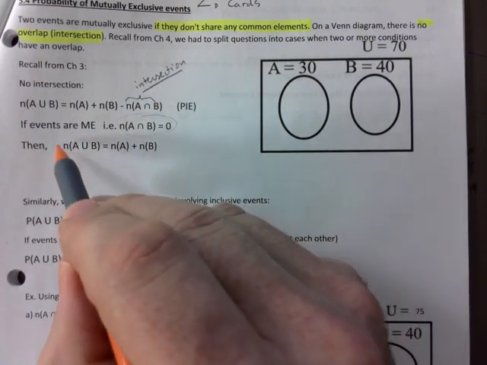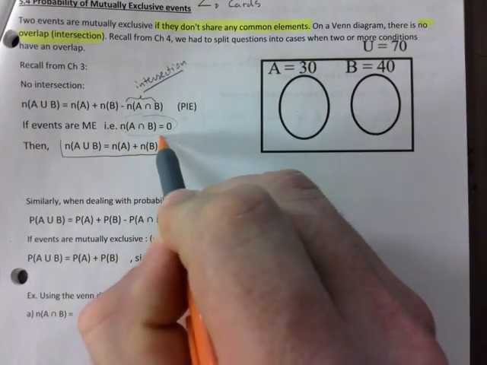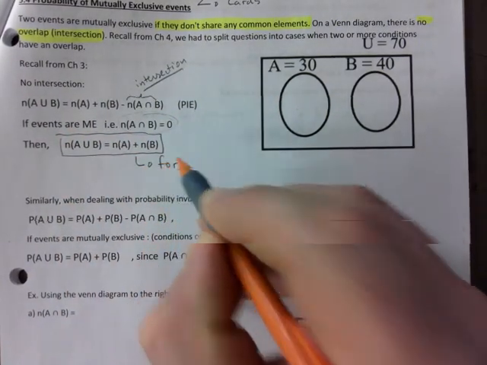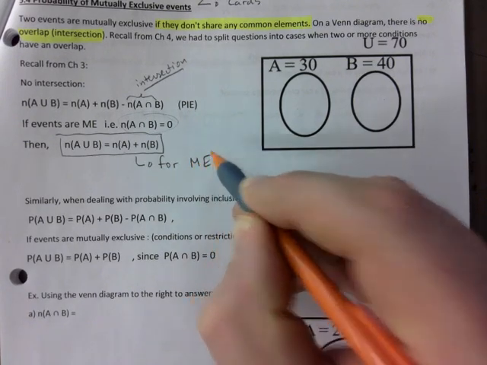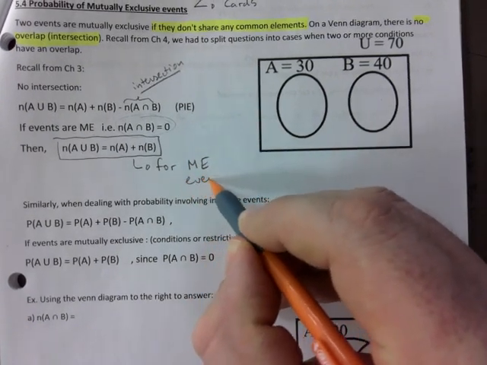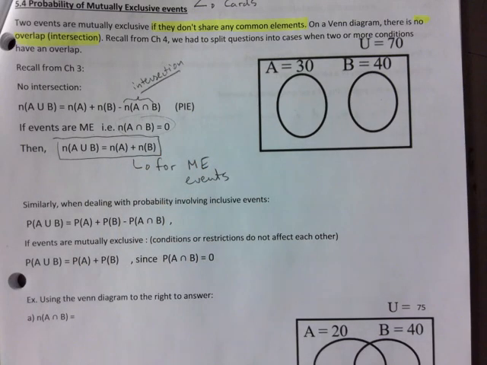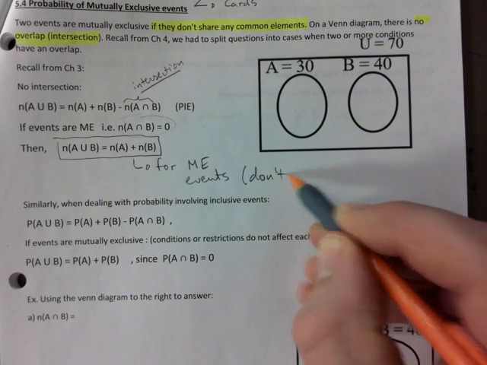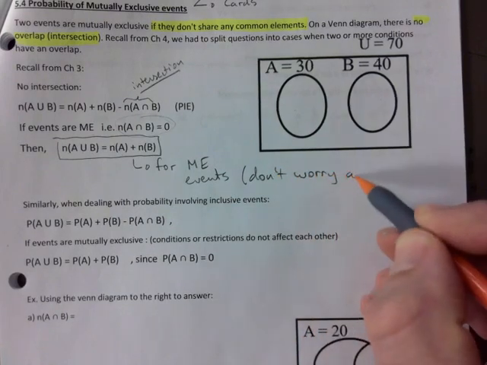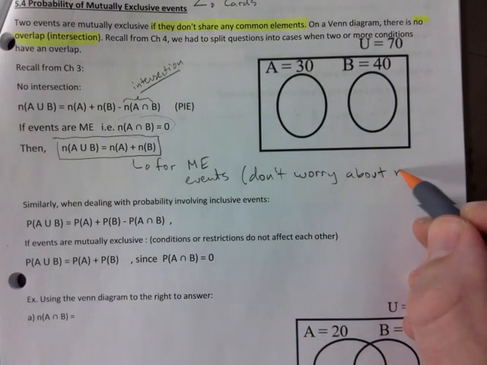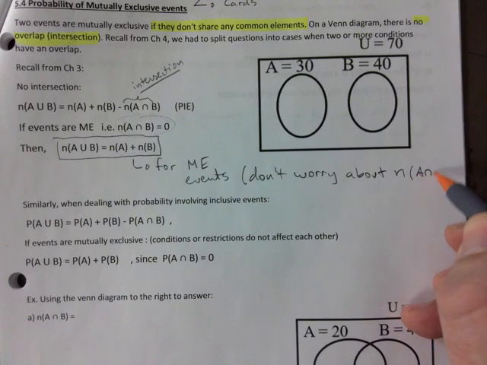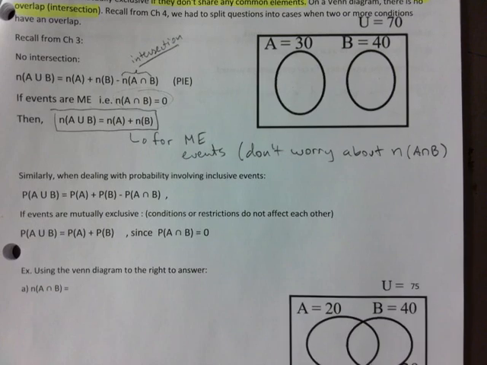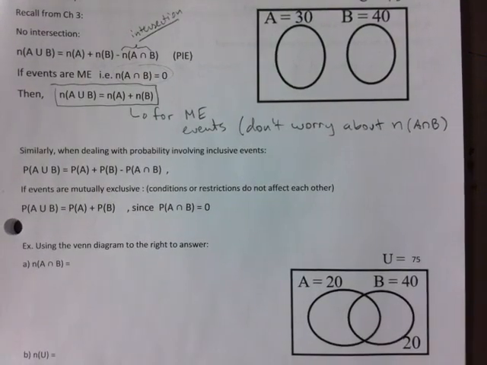So if you can say this, this is for mutually exclusive events. You don't have to worry about N of A and B. That's basically a short version of the original formula.